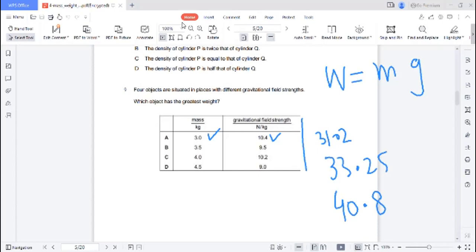And in fifth case, it is 4.5 times 9, it is 40.5. So the question is, which object has the greatest weight? So you can see 40.8 is the greatest weight. So the weight is greatest for this part.